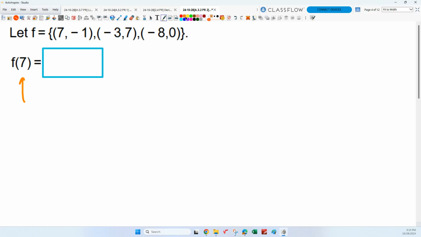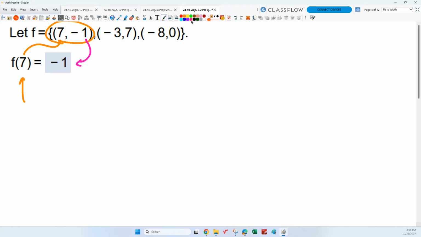Input value is the x coordinate, so that means right there. So if I'm inputting 7, what is this ordered pair telling me my output is? Negative 1. There's my output, negative 1.